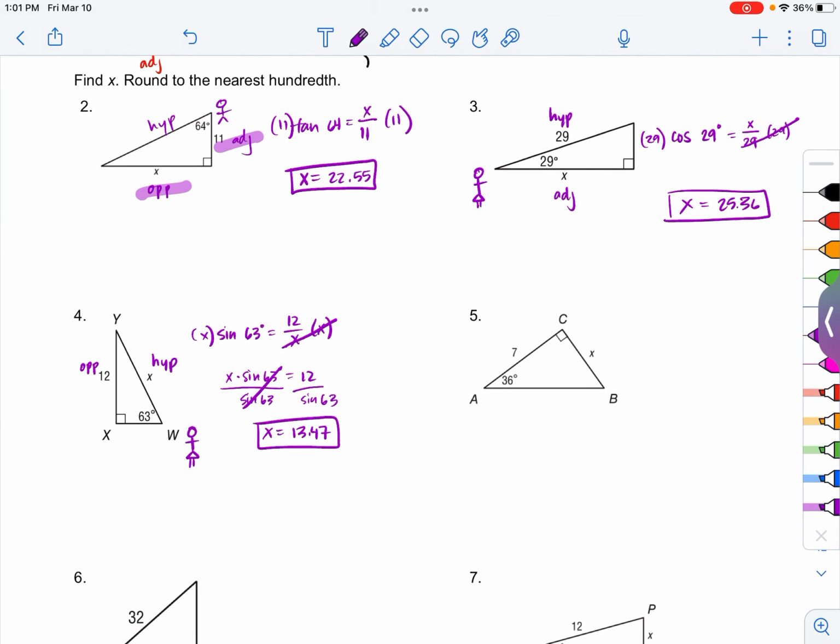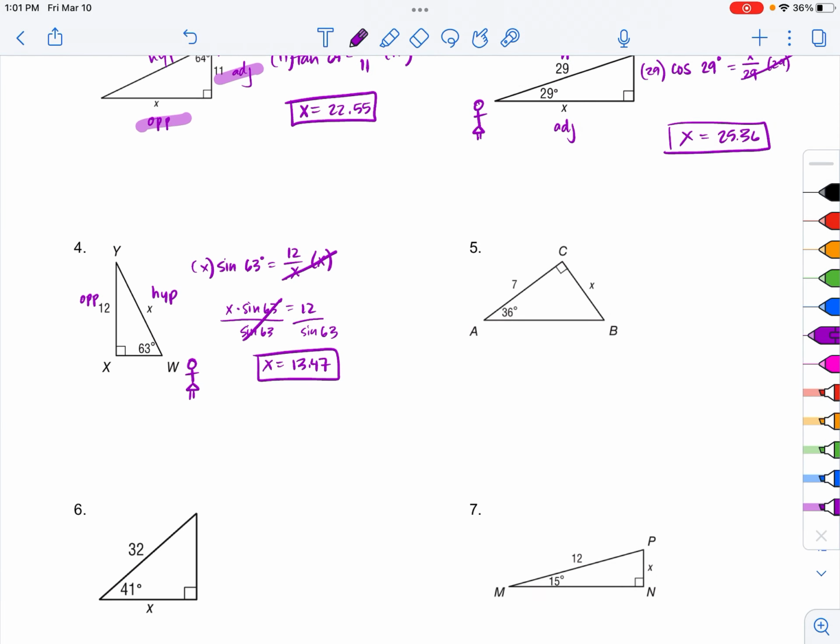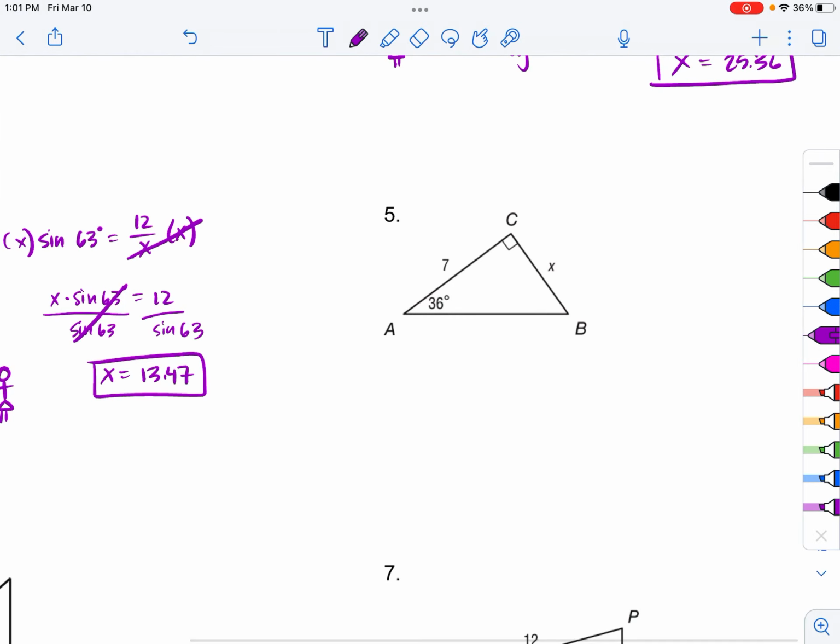Okay, let's try number 5. Now we're changing perspectives, we're using A's perspective. So x should be our opposite side, and then 7 is our adjacent side because it's next to it.